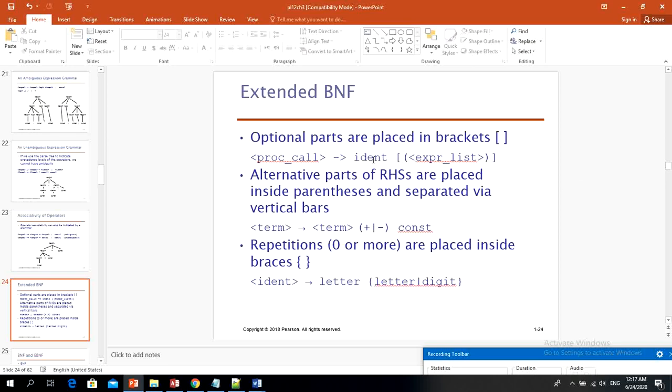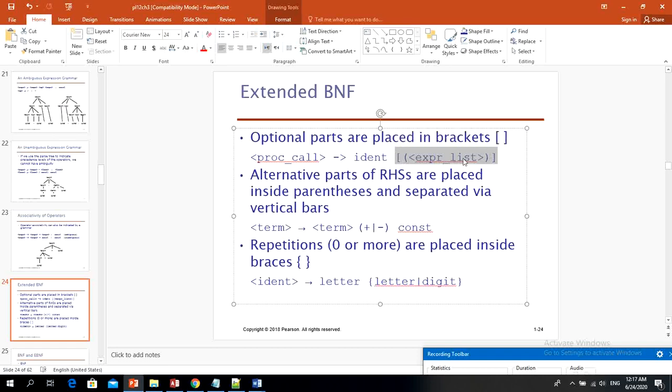So for example, a procedure call could imply an identification and an expression list, which is between two parentheses. Here they put parameters or arguments. So in this example, they simply want to tell you that a function could be called with or without a parameter list or arguments list.